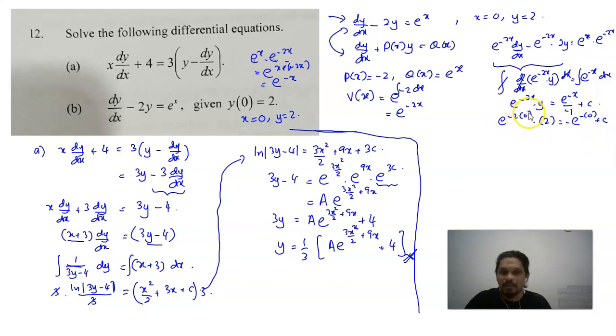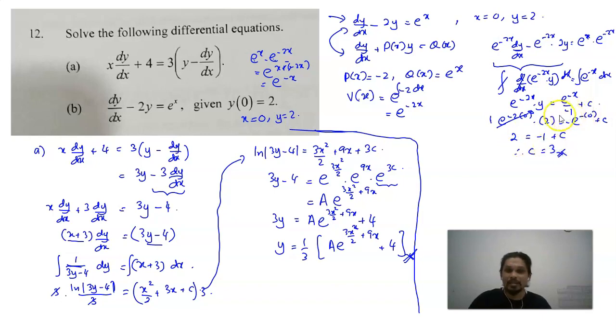e power of negative 2 times 0 is e power of 0 equal to 1. 1 times 2 equal to 2. And e power of negative 0 here is 1, so negative 1 plus c, so then c equal to 3.